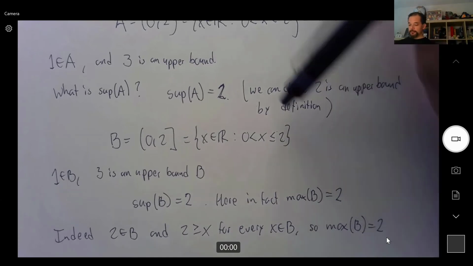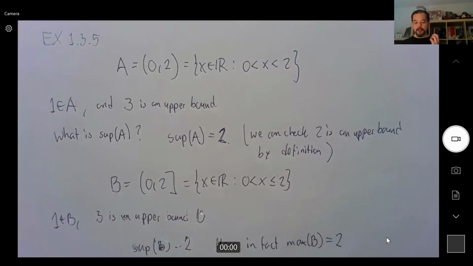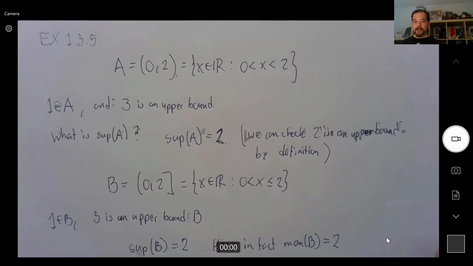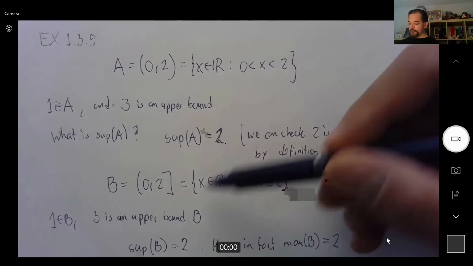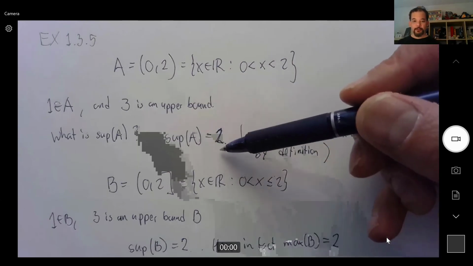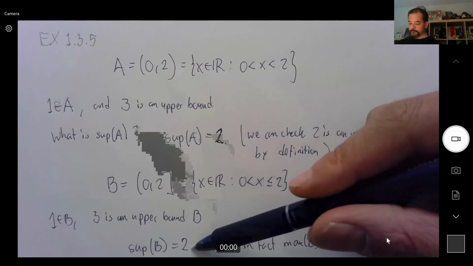And these 2 examples together, I hope, solidify this fact that the supremum may or may not belong to the set. So the supremum is the number 2 for both examples, right? The supremum was 2 here and is also 2 here.